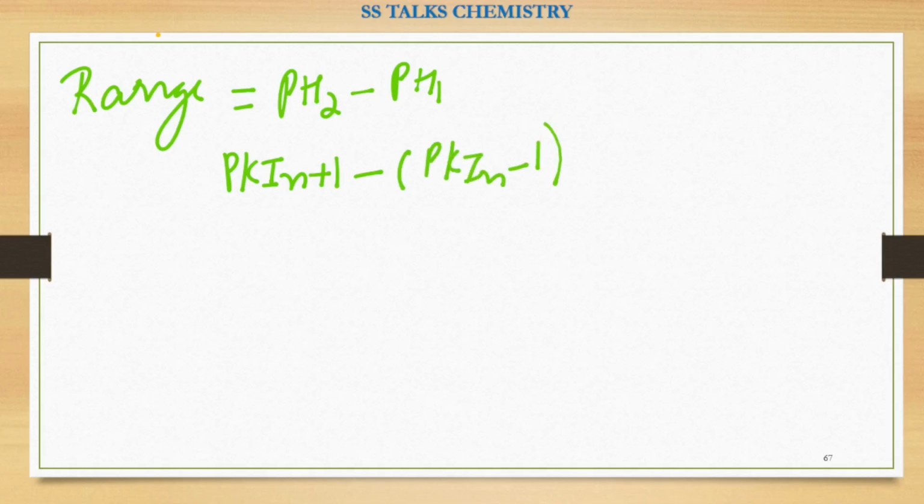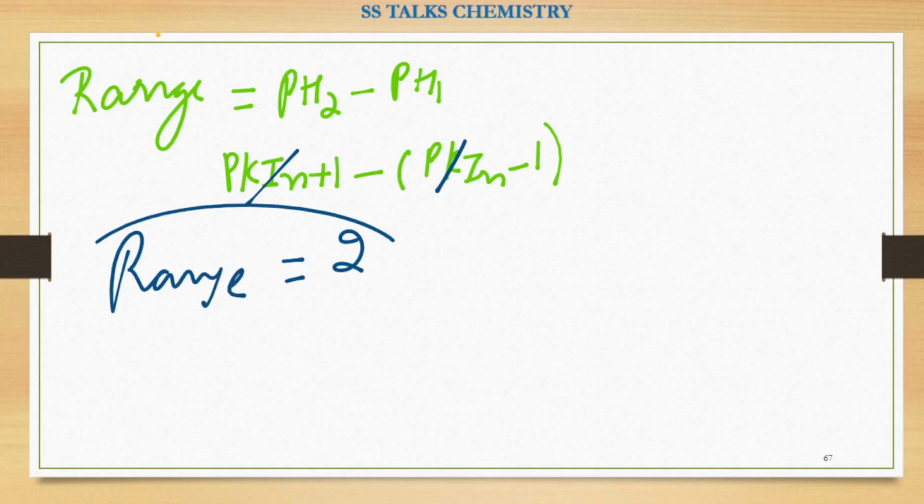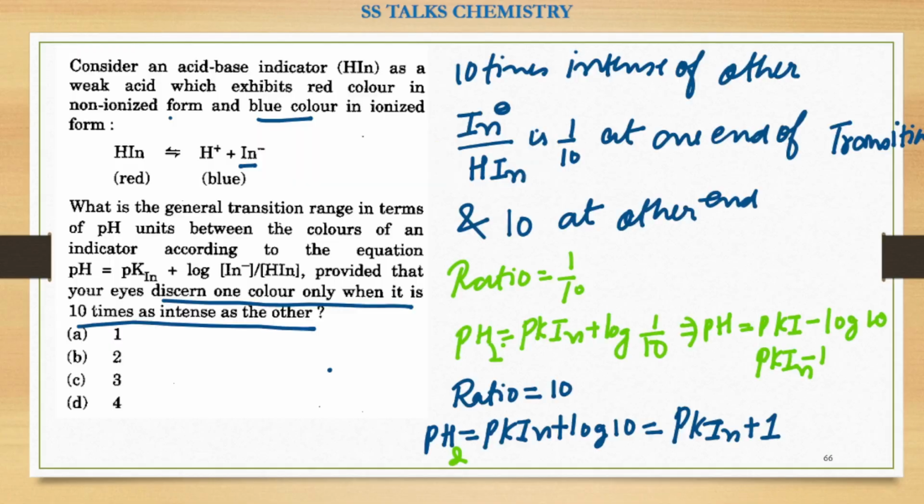Right? So solving this, pKin and pKin will get cancelled out. Range will be equal to 2. So this is how you can calculate the range. That means the correct answer will be option B in this case.